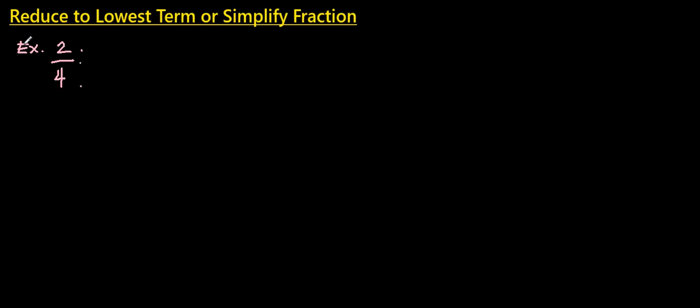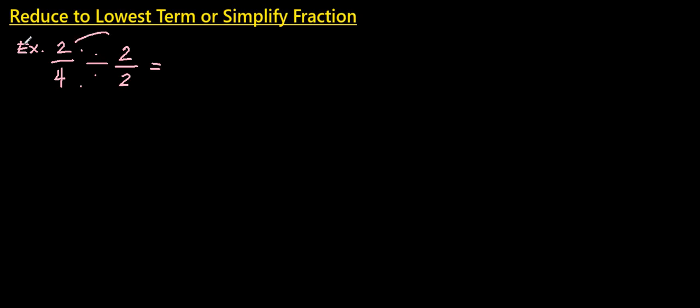If you think of it, the common factor of these two is the number 2. So we have to divide both of them by it to reduce them to the lowest term, or a simplified form of the fraction.